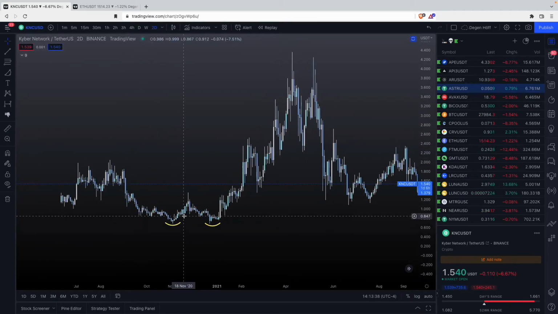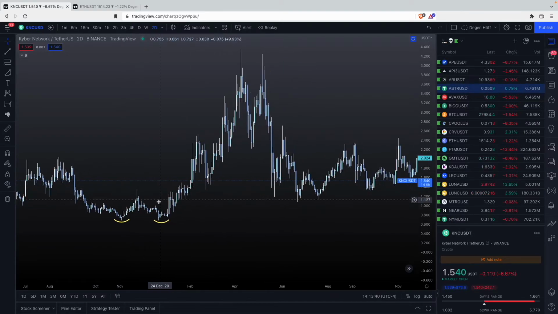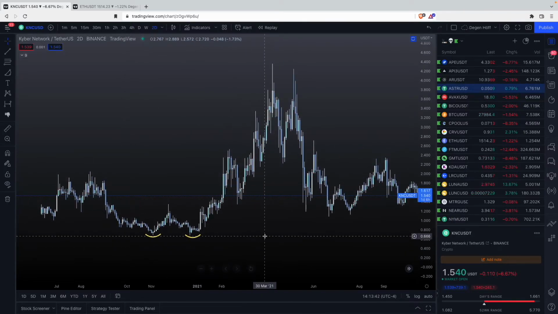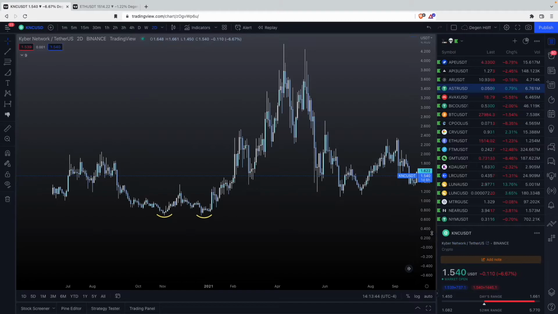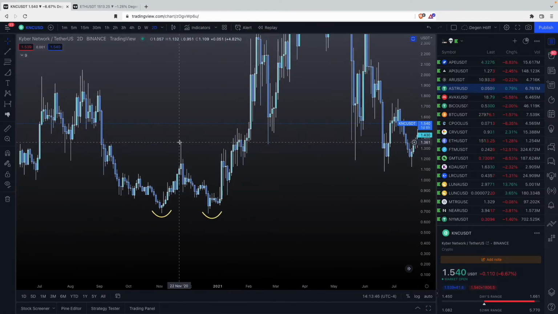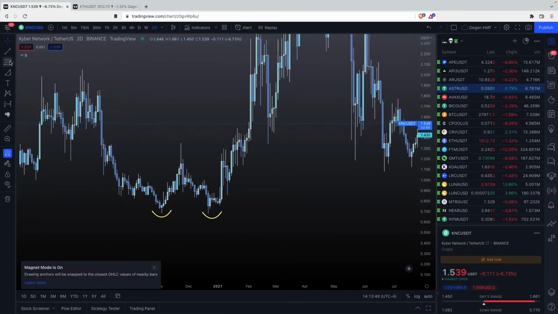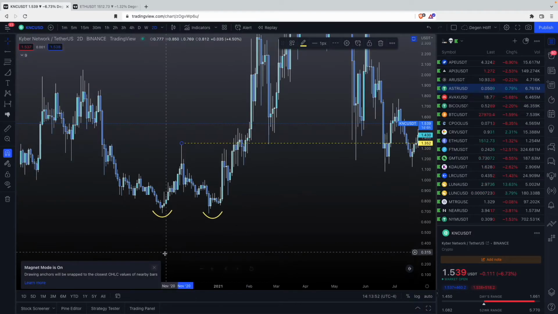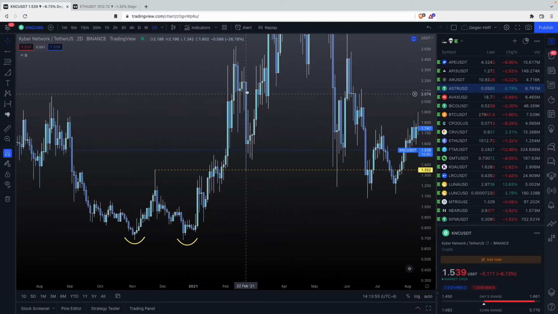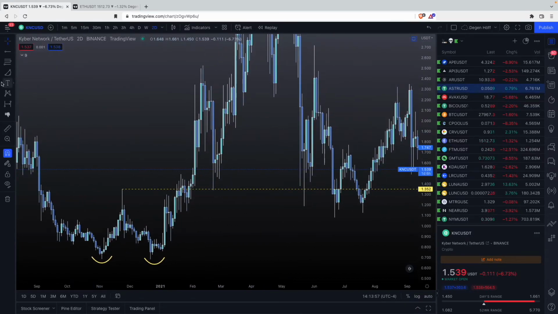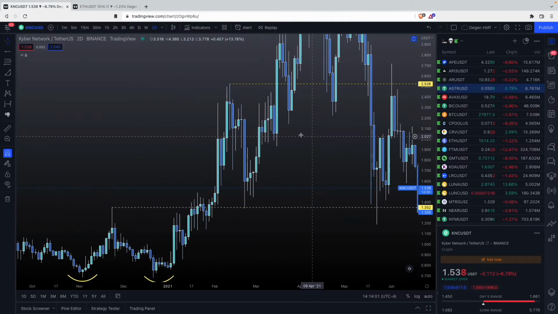So now you have an established range high and a double bottom. Your first move up, when you break the range high here, takes you to this high right here. And then you show a lot of sell pressure.